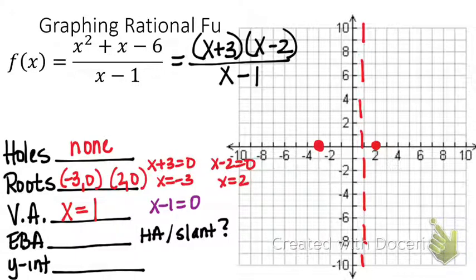Go ahead and find your y-intercept. How do you find the y-intercept? Substitute a 0 in for x. Go ahead and do that. When you find your y-intercept, you can use either one of these forms. You can use your factor form, or you can use the non-factor form. It's whichever one you want to work with. You get the same answer.